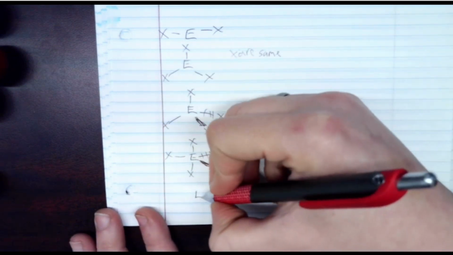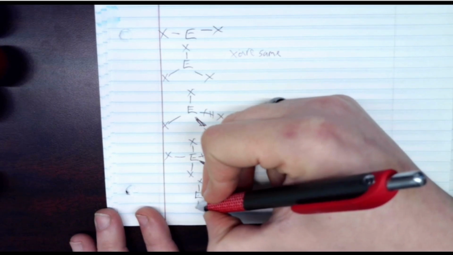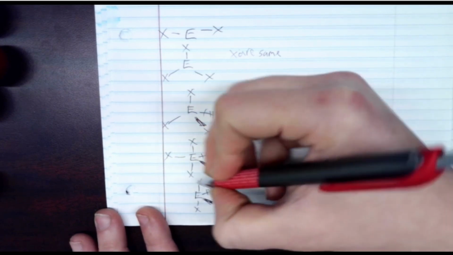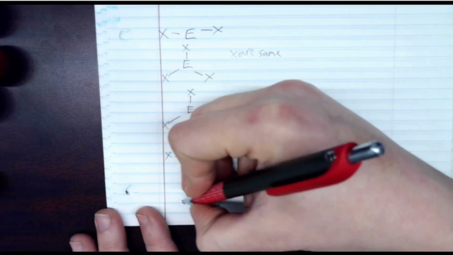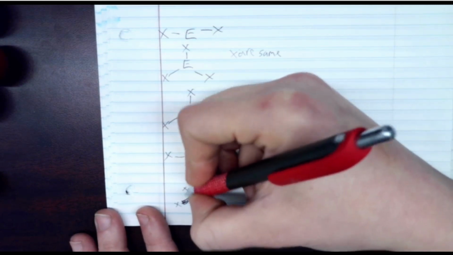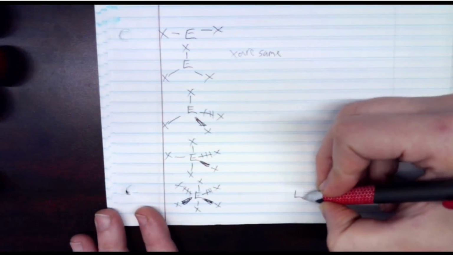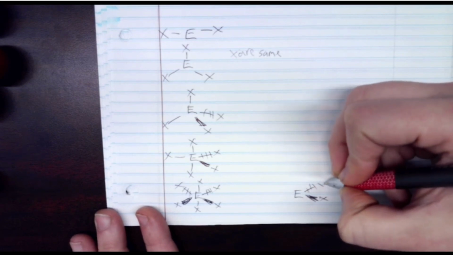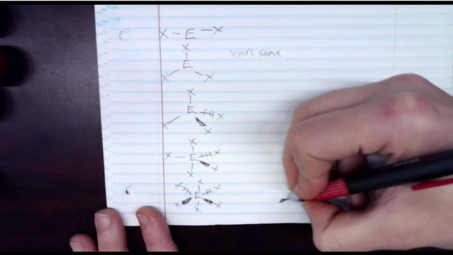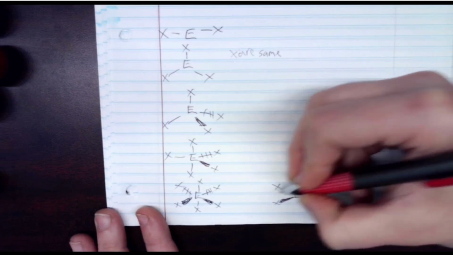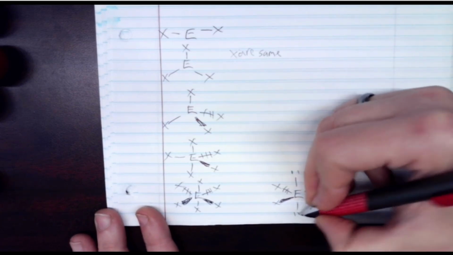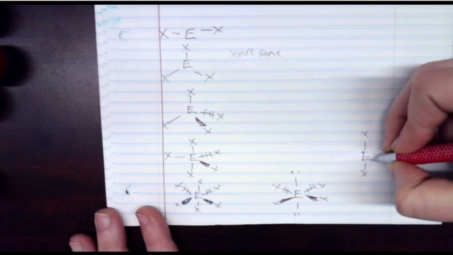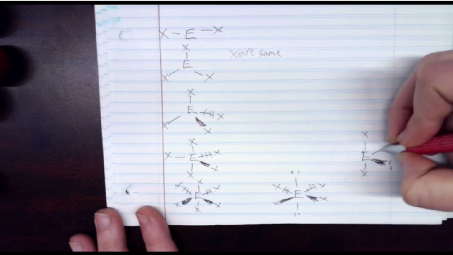I'm just drawing our base structures. And there's 2 more. So these structures, and then our linear, lone pair.